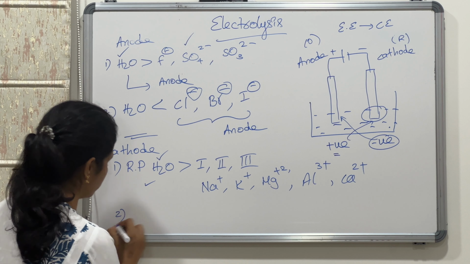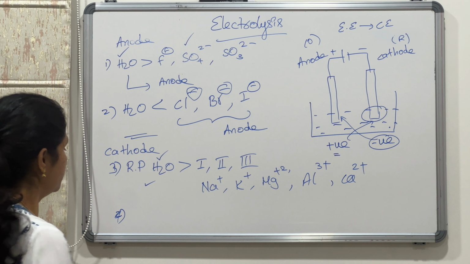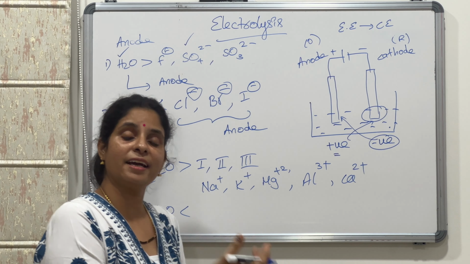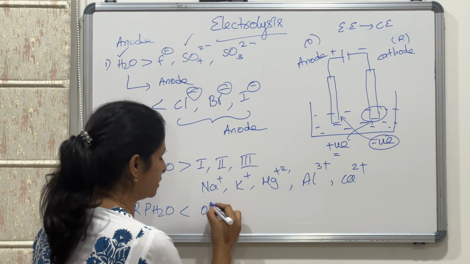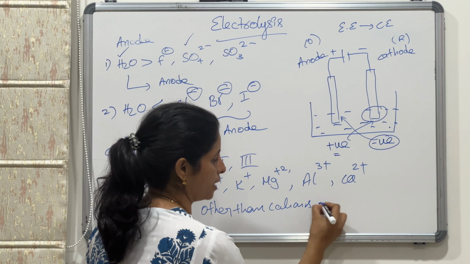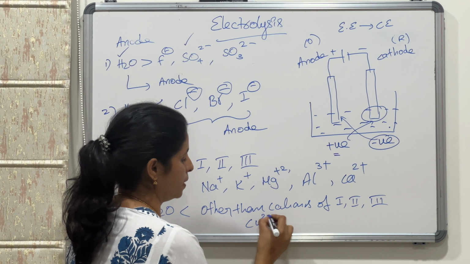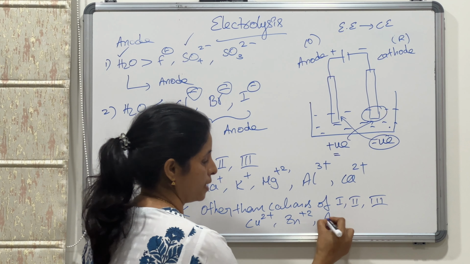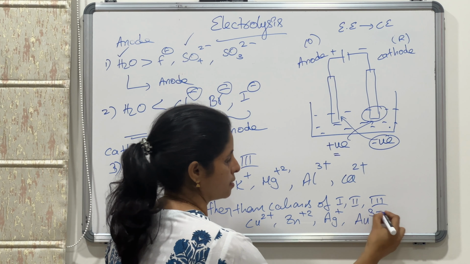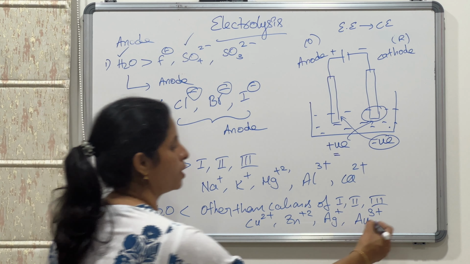And rule number 4: the reduction potential of water is less than that of cations other than those of group 1, 2, 3, meaning Cu 2 plus, Zn 2 plus, Ag plus, Au 3 plus, etc. These will go and deposit at the cathode.